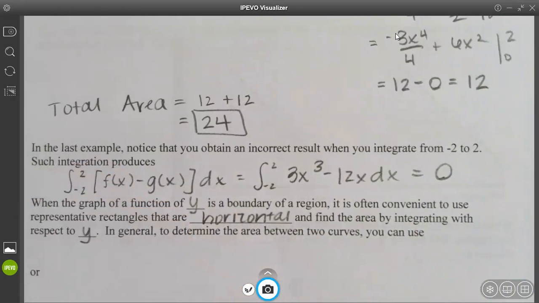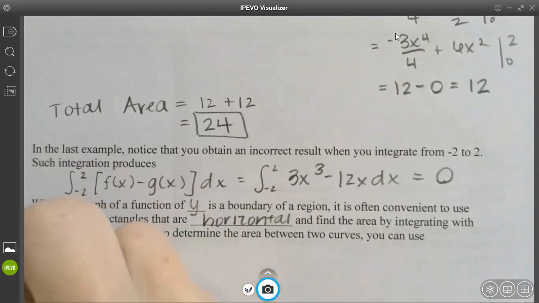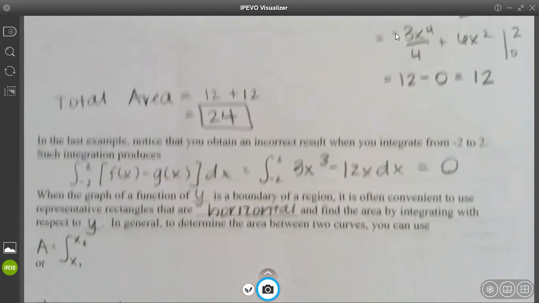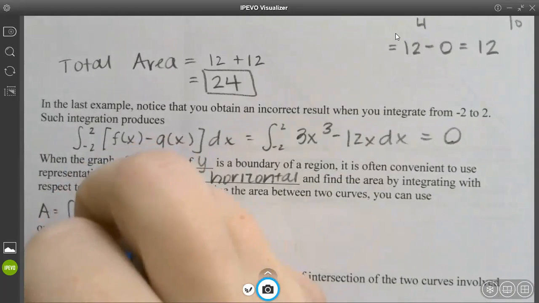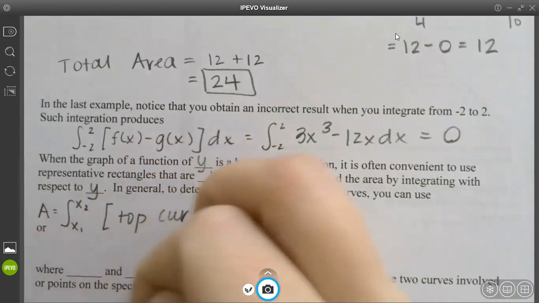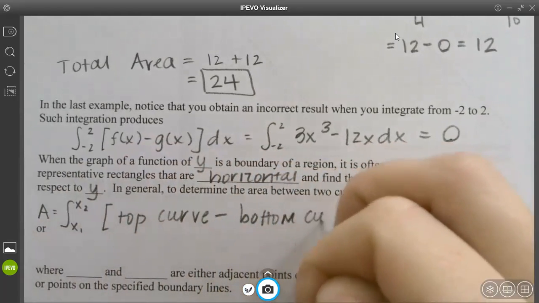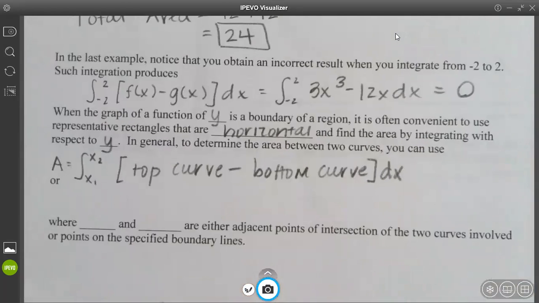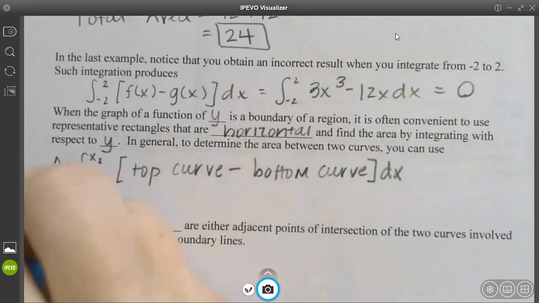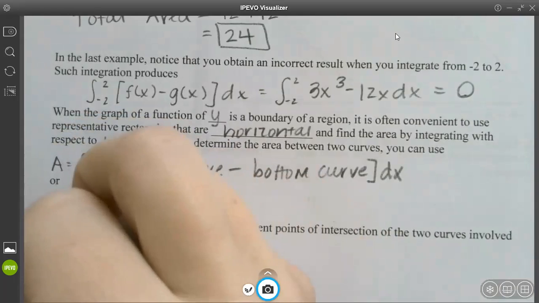In general, to determine the area between two curves, you can use that the area is the integration from x1 to x2, your smallest x coordinate to your largest x coordinate, of the top curve minus the bottom curve dx, or the integration of your littlest y to your biggest y.